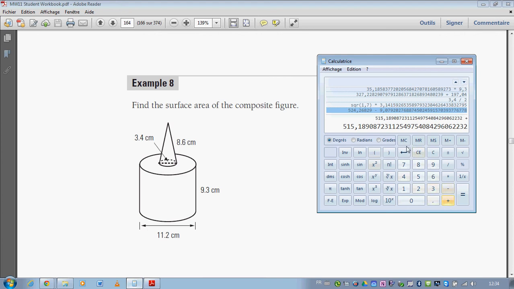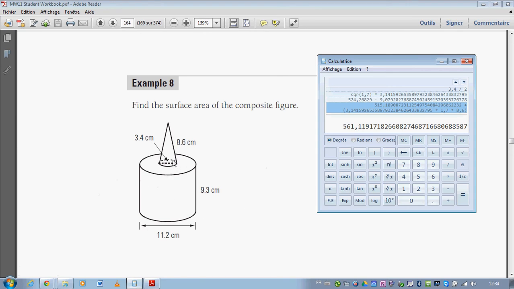So pi times the radius of the circular base of the cone, 1.7, times the slant length, 8.6. I close my bracket and press enter. The total surface area of this composite figure should be 561.1.